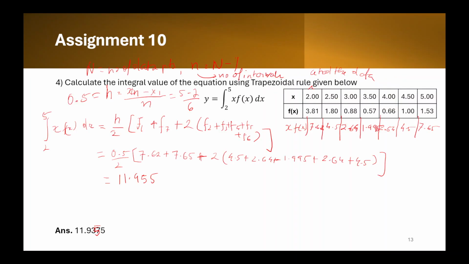Can you please repeat that? 11.955. You need the explanation or just the solution? Ma'am, just the solution. I got that. You got the 11.955? Yes, ma'am. Were you calculating alongside me? Yes, ma'am. Okay.